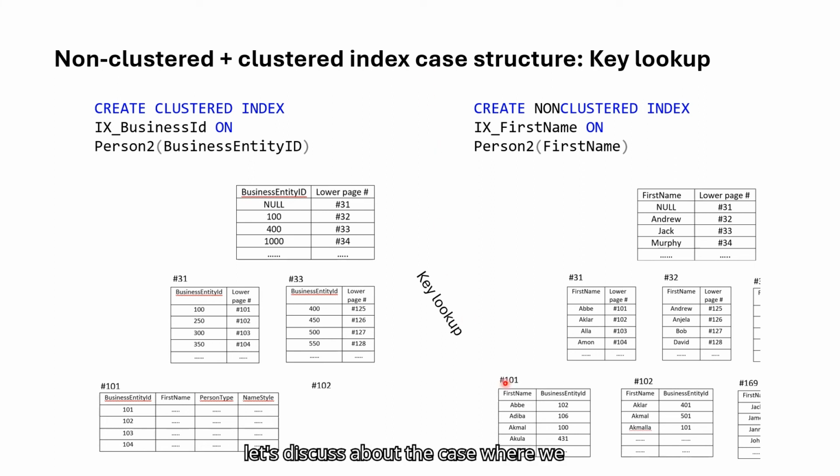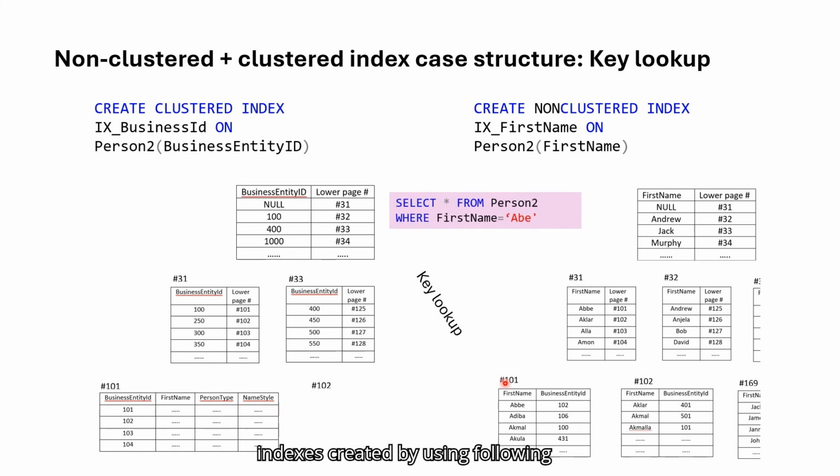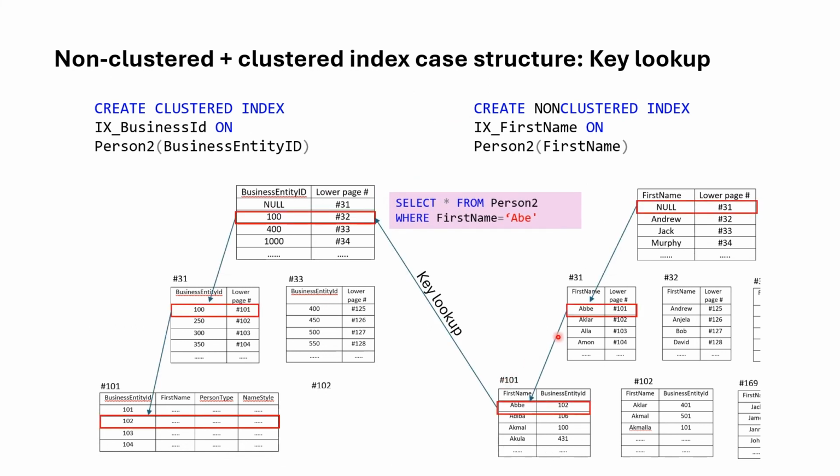Okay, let's discuss the case where we have both clustered and non-clustered indexes created by using the following commands for the same table. In this case, as you can see in the leaf node of the non-clustered index, the business entity ID has been stored instead of row IDs, because we have a clustered index on this column.